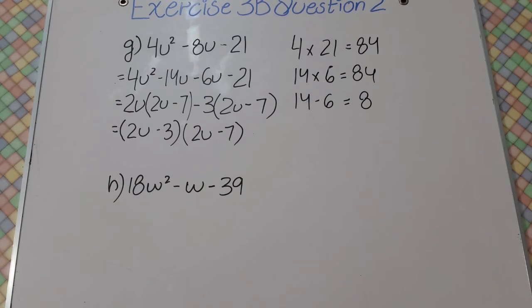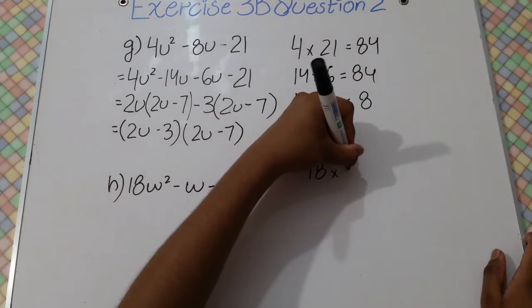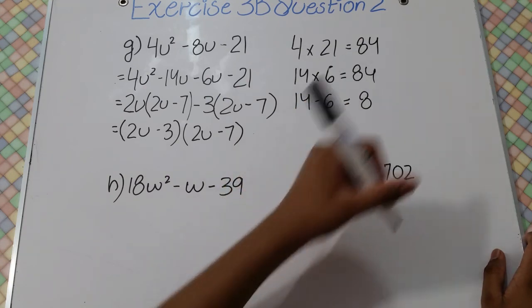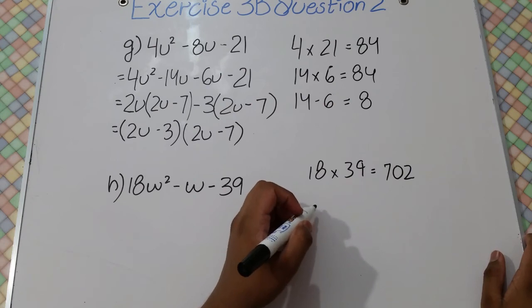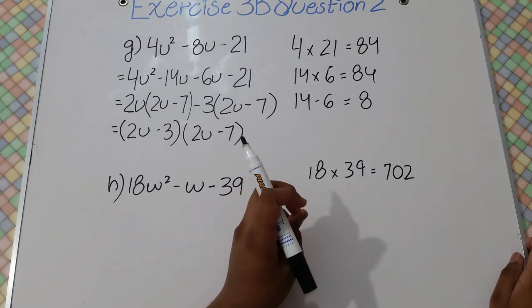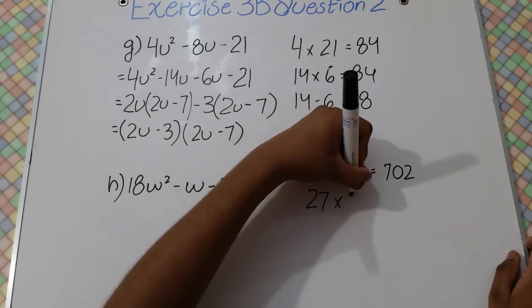Now towards the last part, part H. So if I multiply 18 with 39, it would be 702. So 18 multiplied by 39, 702. And then if we just think of a number by multiplying, we get 702, so it might be 27 multiplied by 26.